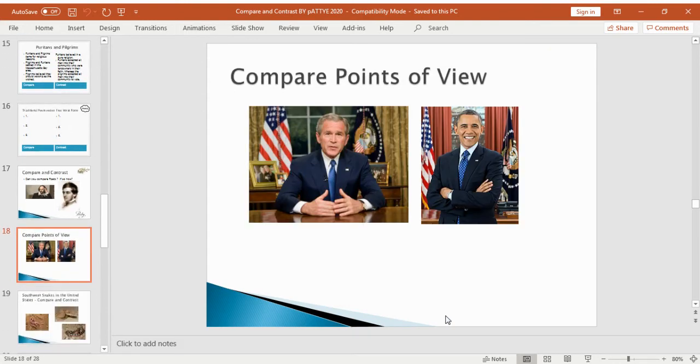I can also compare points of view. Both of these men were presidents, but they both came from different parties, such as Democrat and Republican. They all had a view on specific events, whether it be the economy, our natural resources, or other things. They still had different points of view.